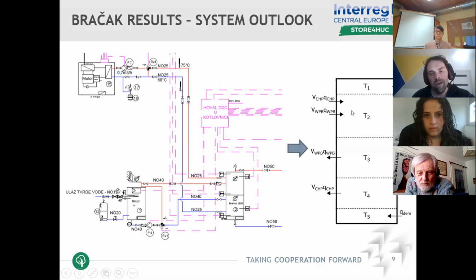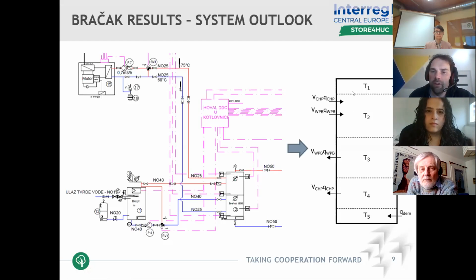So it's definitely a much more complex model than the one I explained before, with this simple approach with one equivalent storage. And in this case, there are different scenarios in which you can have the water flowing just inside the storage and being exchanged between different levels in the tank.